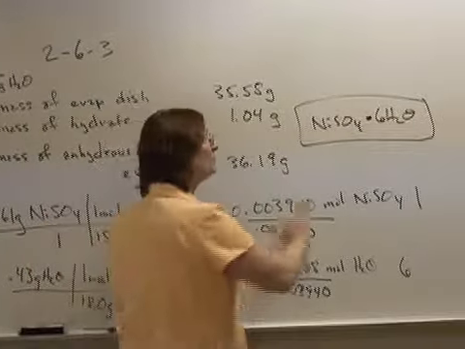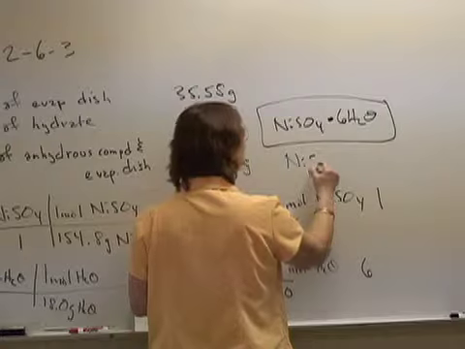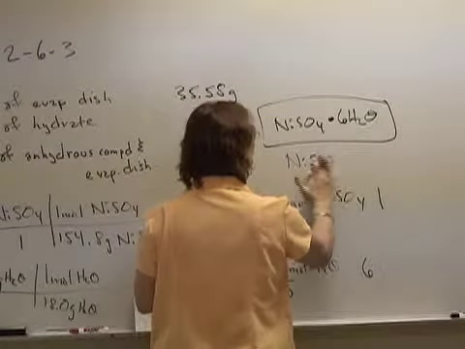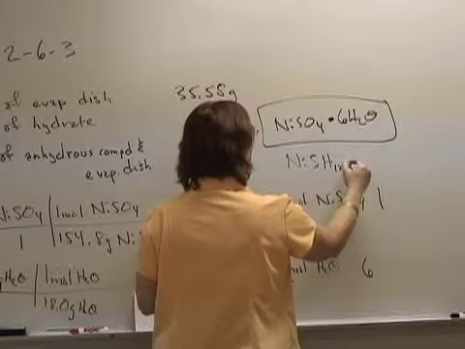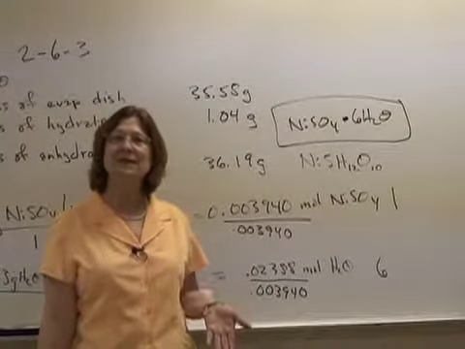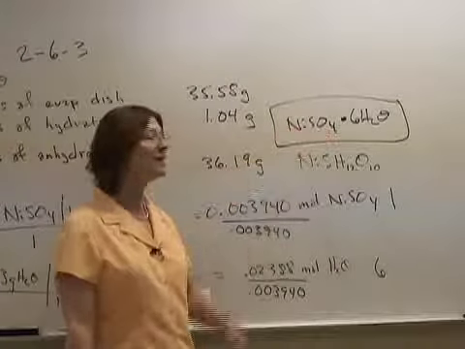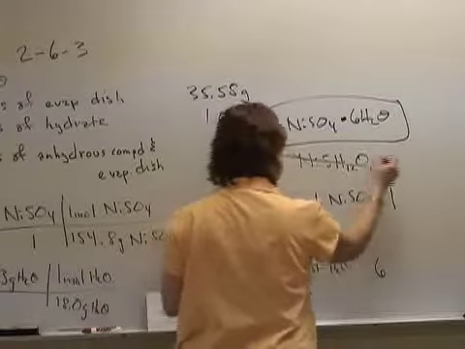We do not put the water inside here. If we did that, it would look like this. Whoops. You'd have 12 hydrogens and 10 oxygens, and you would not recognize that compound and that it has the water inside that crystal. So we do not do this.